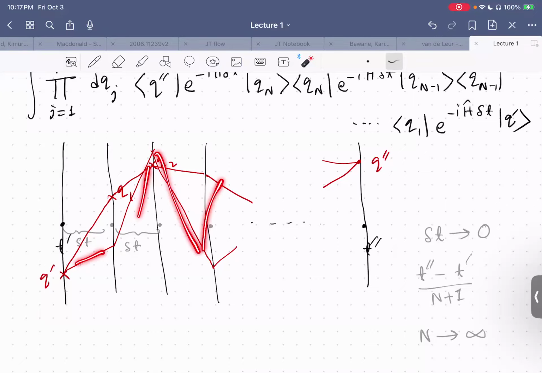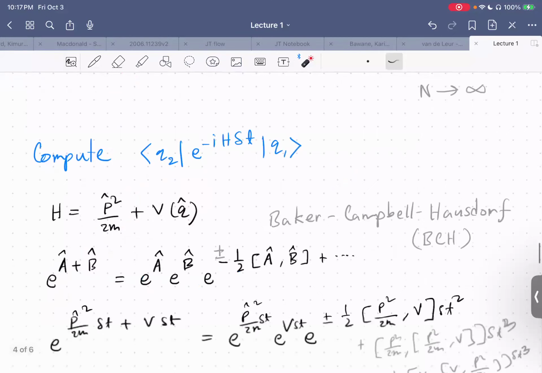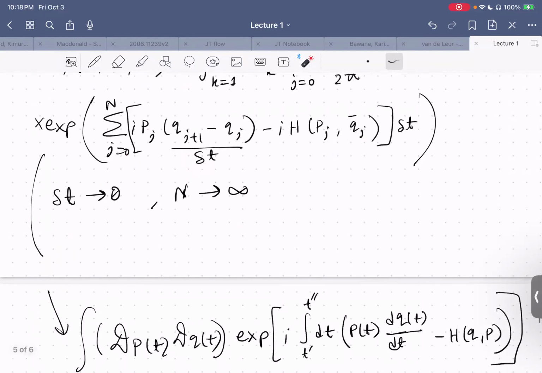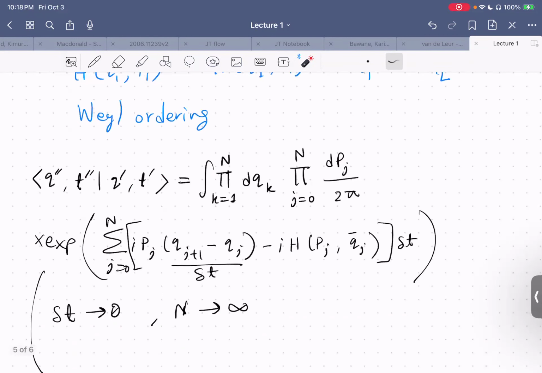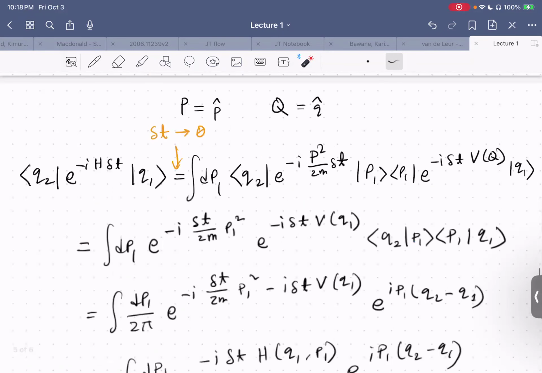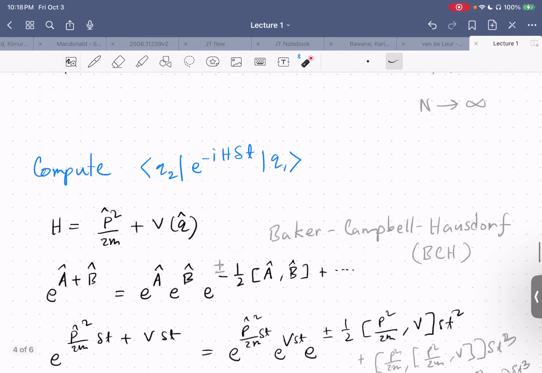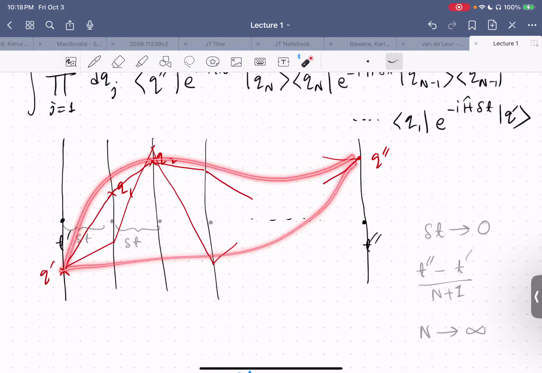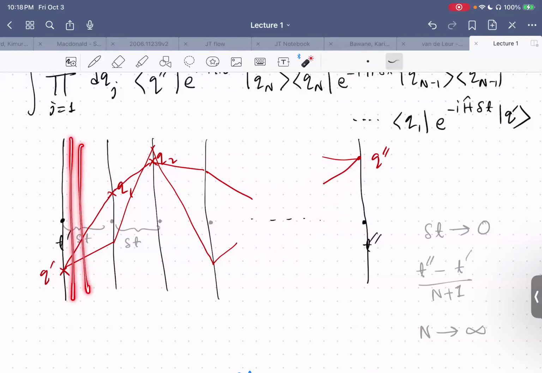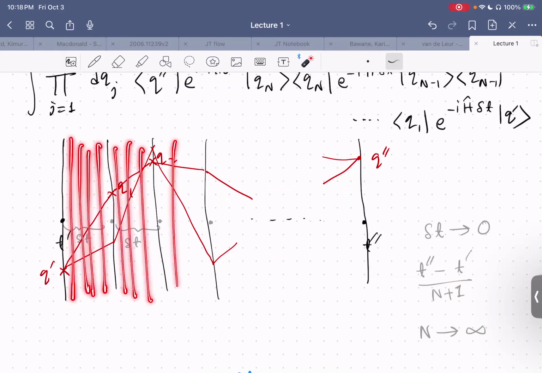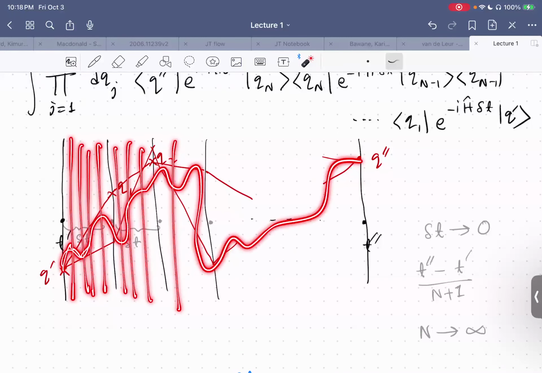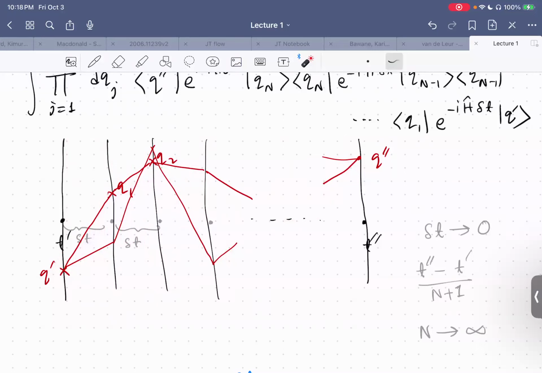And so this continuum limit of this thing, we will simply visualize as a sum over all continuous paths connecting q prime and q double prime. Because as I was saying, once n is large, there are many, many intervals, and these paths start to look very smooth. This statement has a caveat, but for intuition, it's fine.